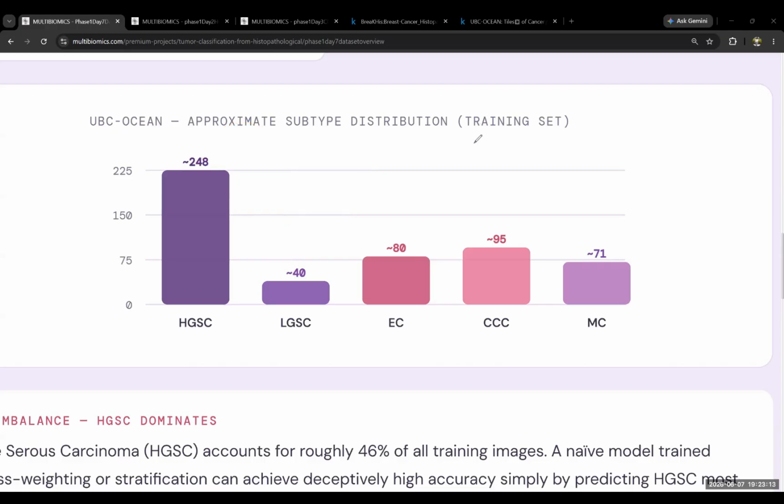Okay, I'll repeat it again. Take this example. HGSC is having 248 images. LGSC is having 40 images. It has 80, it has 95, it has 71. Now in total we have nearly more than 500 images.